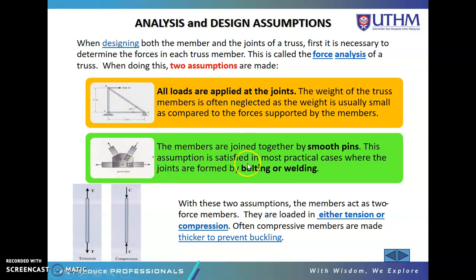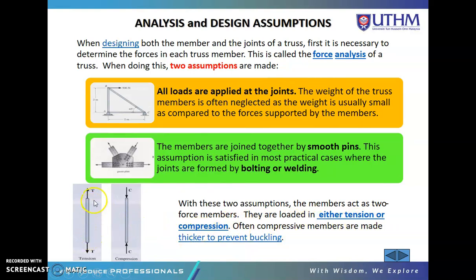And the members are joined together by a smooth pin. This assumption is satisfied in most practical cases where the joints are formed by bolting or welding. So with these two assumptions, the member acts as a two-force member, which is loaded either in tension or compression.